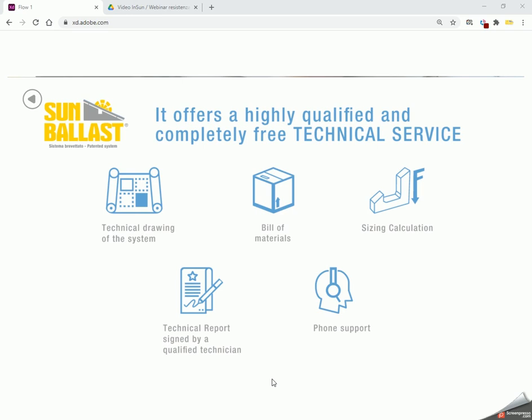Exactly, Ilona, as you said, Sun Ballast cares a lot about its technical advice and about the technical service that we offer every day to our clients. Andrea is responsible of the technical department and he works and cooperates with 7 other colleagues. And they operate quickly every day in order to offer the best technical solution and the most suitable one for our clients in need.